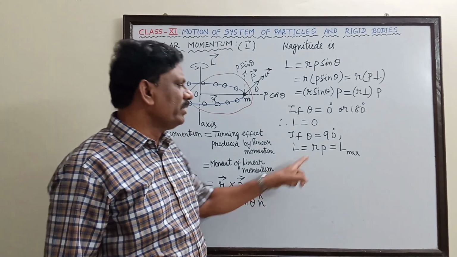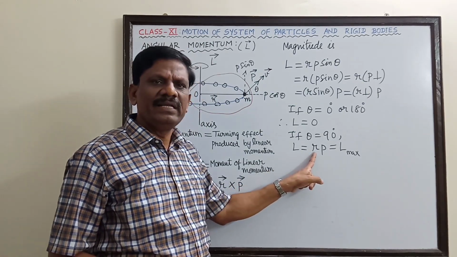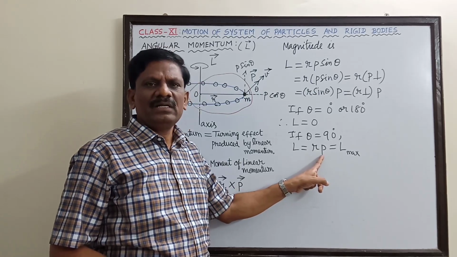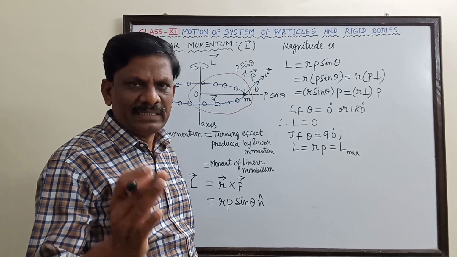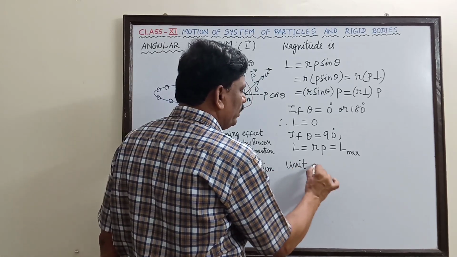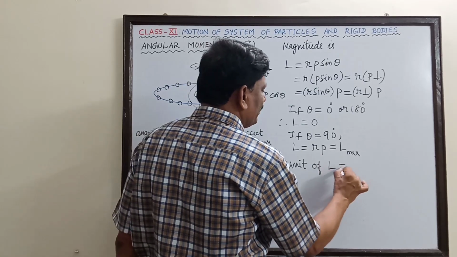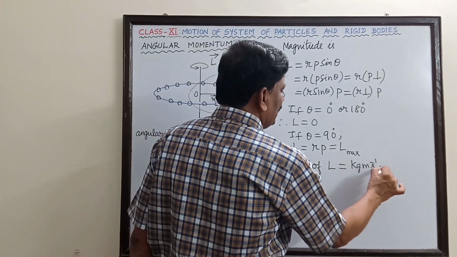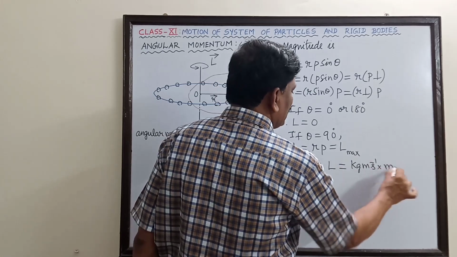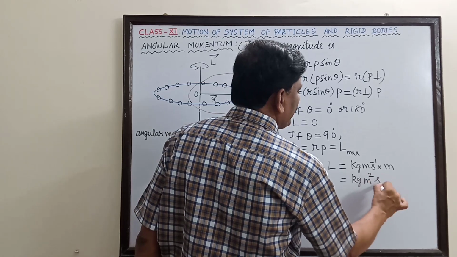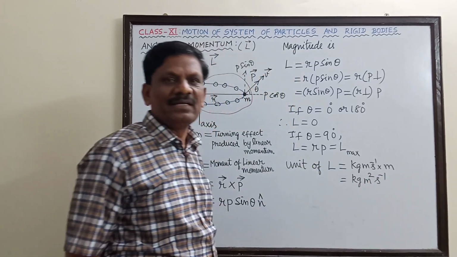Okay, now what is the unit for this position vector or radius? It is meter. And what is the unit of linear momentum? It is kilogram meter per second. Therefore, what should be the unit of angular momentum? This must be kilogram meter per second into again meter. So this must be equal to kilogram meter square per second.